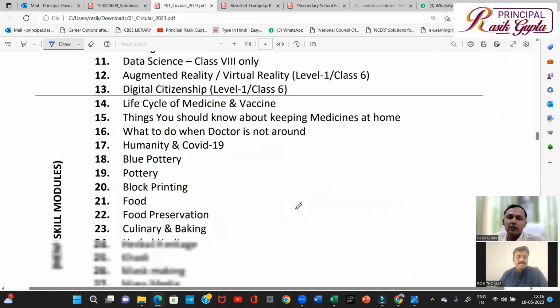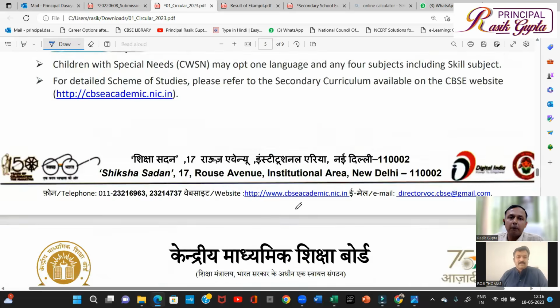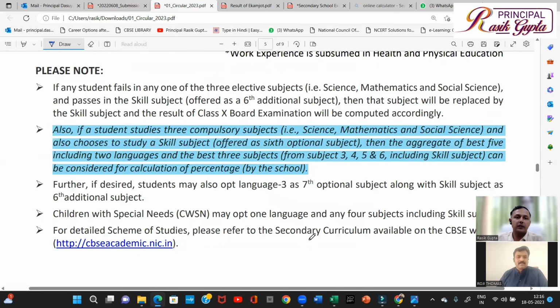Now this circular first time talks about the percentage. Here it says, if a student studies 3 compulsory subjects, science, mathematics, and social science, and chooses to study a skill subject offered as 6th optional subject, then the aggregate of best 5, including 2 languages, and the best 3 subjects from subjects 3, 4, 5, and 6, including skill subject, can be considered for calculation of percentage by the school.